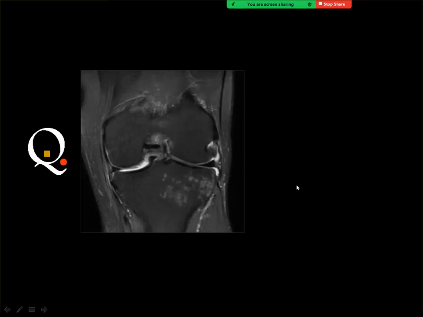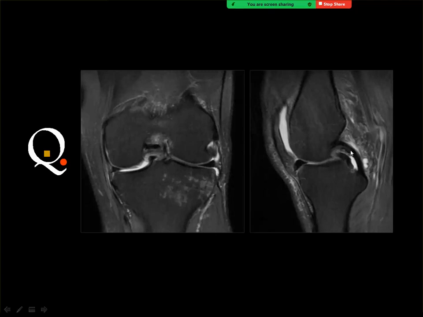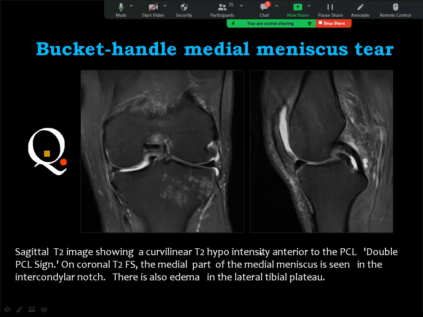If you look carefully here, then you see this is the posterior cruciate ligament, meaning that this is the medial condyle of the femur, meaning that this is the medial meniscus, and the medial meniscus is divided into two parts, a peripherally small part and a displaced meniscal fragment lying inferior to the posterior cruciate ligament, which is seen in the sagittal image as the double PCL sign, and this is diagnostic of bucket handle tear of the medial meniscus.